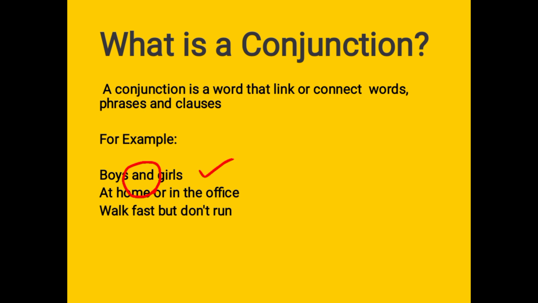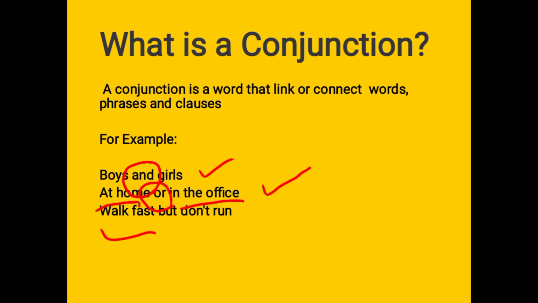Likewise, at home, in the office. So there are two phrases, but they are connected with a conjunction or, at home or in the office. Again, this is an example of a phrase.